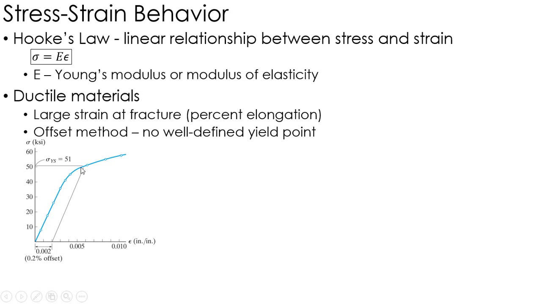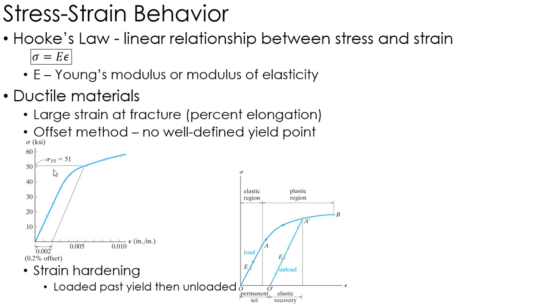Draw that line and see where it intersects the material curve. I'll call that my yield stress. Again, this is used when I don't have that well-defined point. It's just a way to get a yield stress.